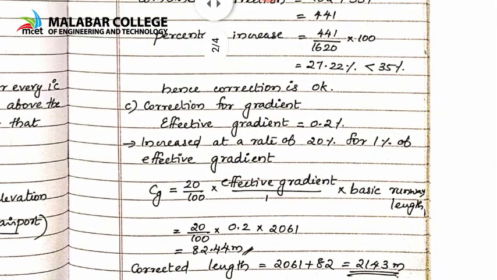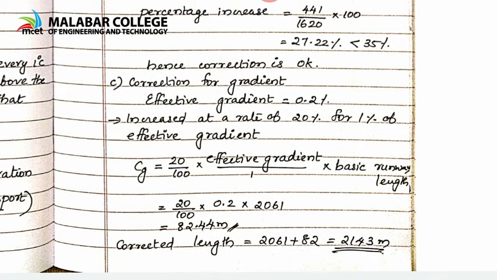Third correction, correction for gradient. Effective gradient is equal to plus 0.2%. It is increased at a rate of 20% for 1% of effective gradient. That is, correction for gradient is equal to 20 by 100 into the effective gradient divided by 1 into the runway length after the combined correction, 2061.